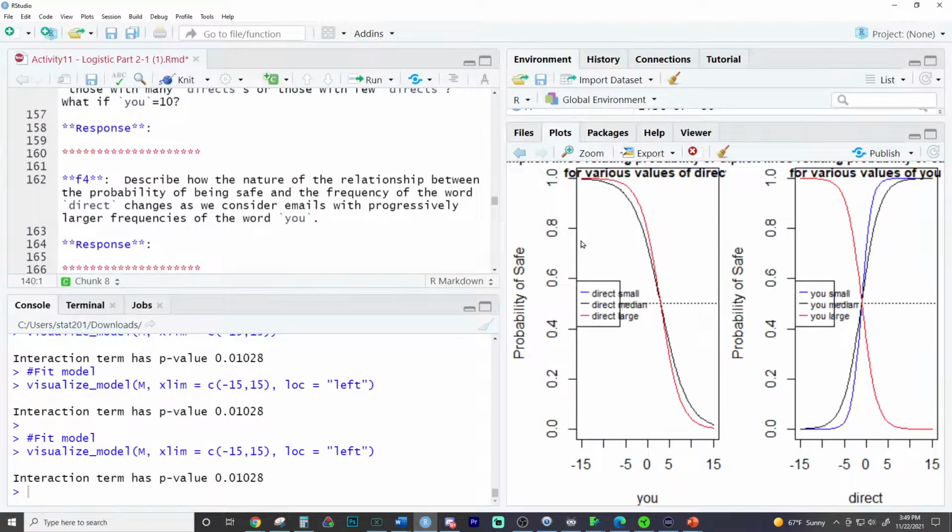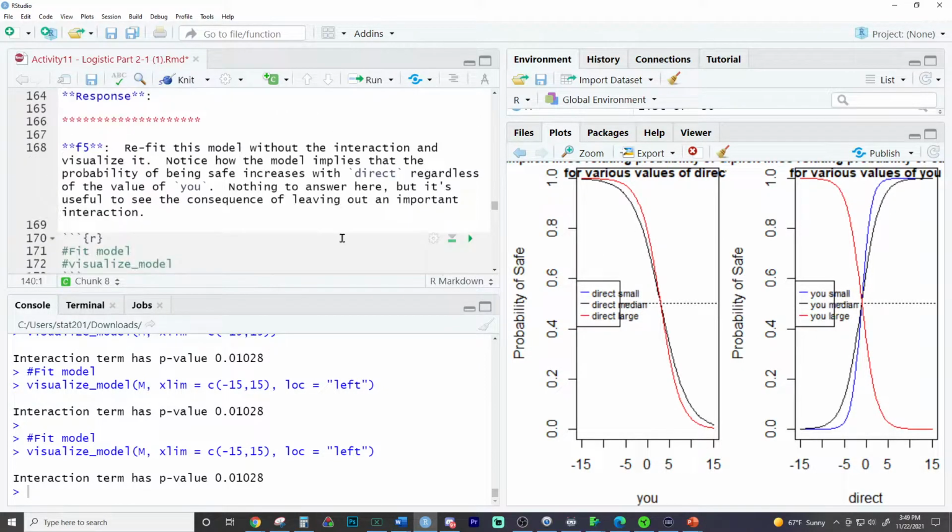So it totally flips the sign of direct going from small to large, where direct originally has a positive coefficient for the blue line right here, sigmoidal curve. And then as you increase the frequency of u, direct starts to have a negative relationship for very high levels of u.